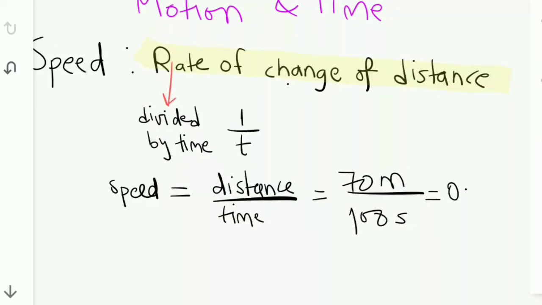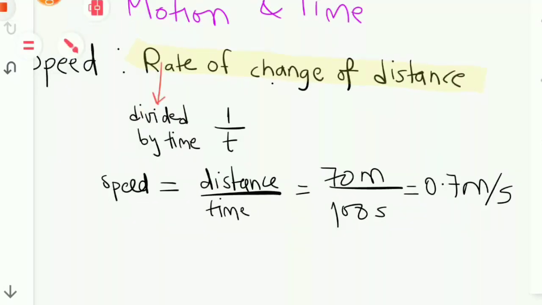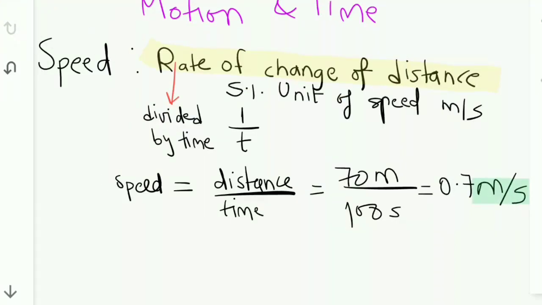Our answer would be correct, 0.7 meter per second. Now this is the SI unit of speed. It is distance upon time. So unit is meter per second. SI unit of speed is meter per second.